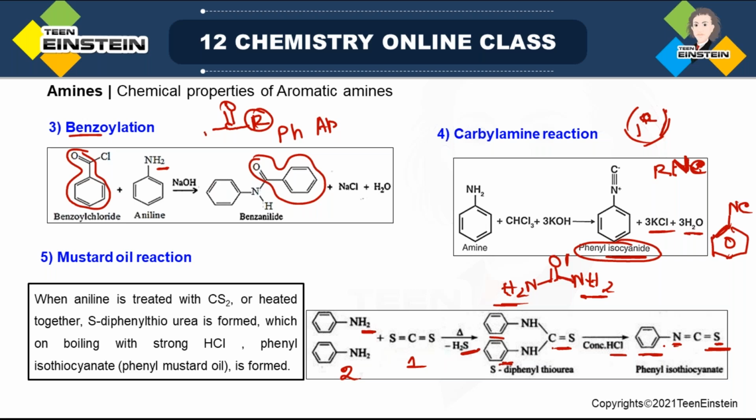So that is why it is isothiocyanate, and this molecule is basically responsible for the pungent odor, which is just like mustard oil, and that is why the name of this reaction is mustard oil reaction. Fine. Smell of mustard oil, so that is why the name is such.